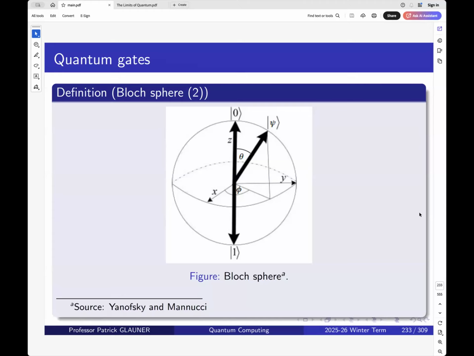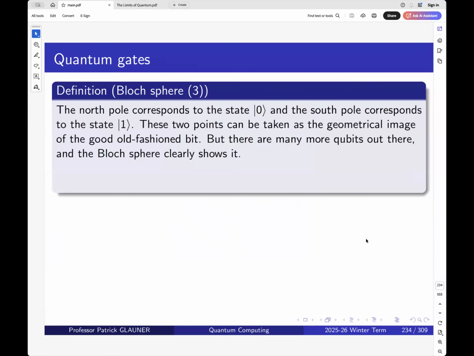I don't think it's shown in the book of Janowski and Manucci, but there are other books that cover this. I think there's a book called something like Dancing with Qubits, which shows some other notations as well, especially if you deal with multiple qubits at a time.